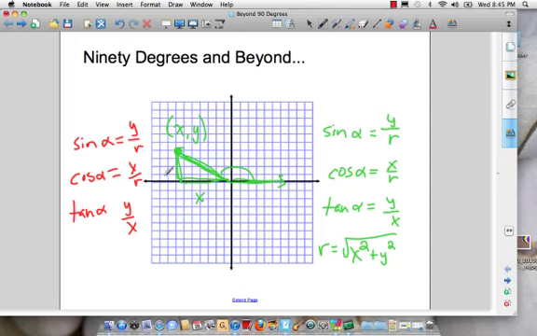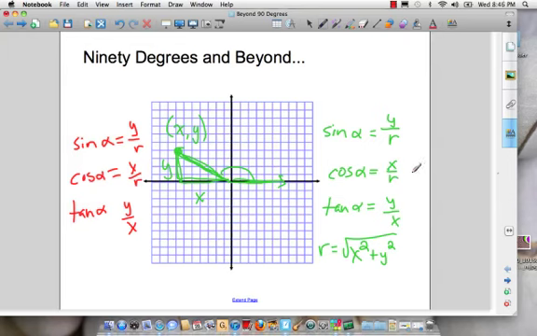This would be x, this would be y. Now notice that when you do this, your x coordinate is a negative number. So in this case, if the angle is obtuse, the cosine is actually going to be negative because the x coordinate right here is a negative number.